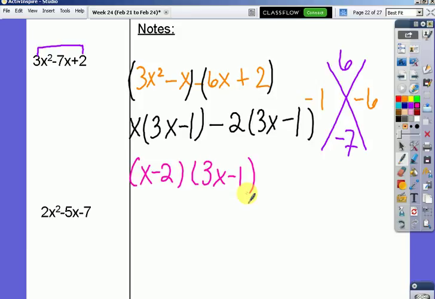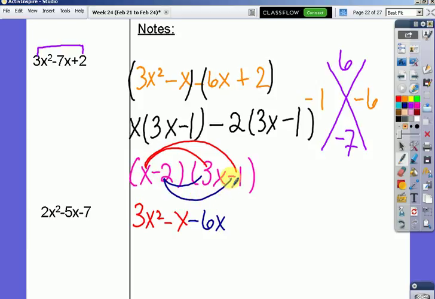And let's check it. Let's just distribute. Do I get what I'm supposed to? X times 3x is 3x squared. X times negative 1 is negative x. And then negative 2 times 3x is negative 6x.